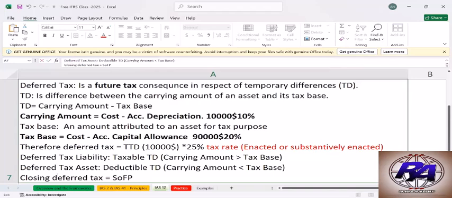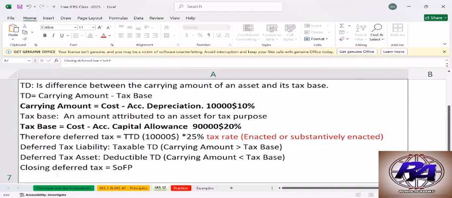What we send to our profit or loss account is the deferred tax for the period.